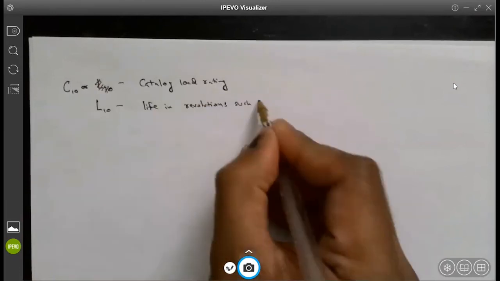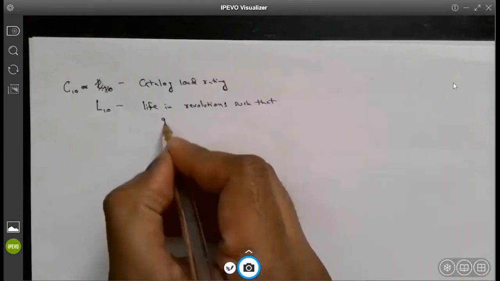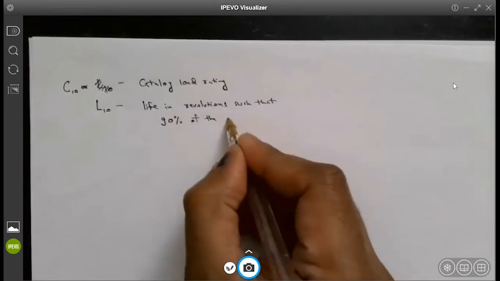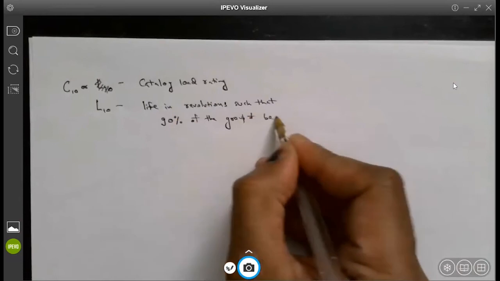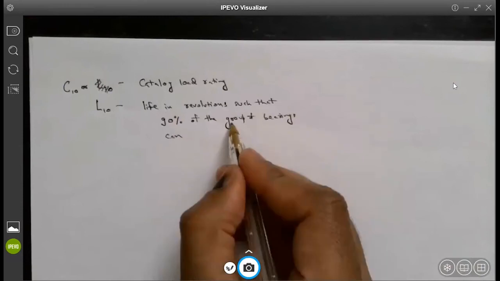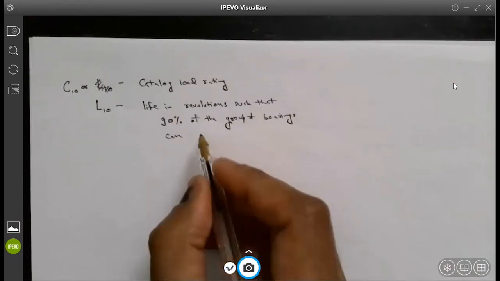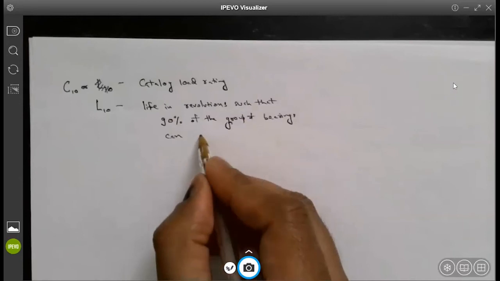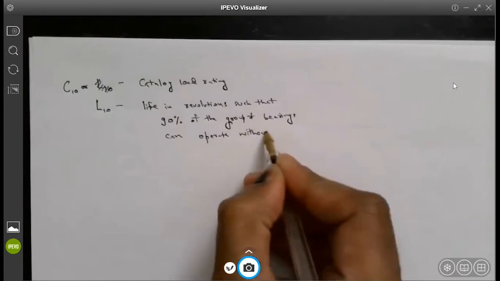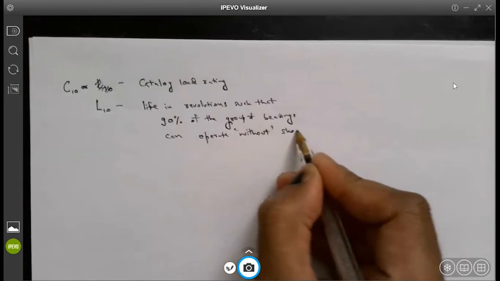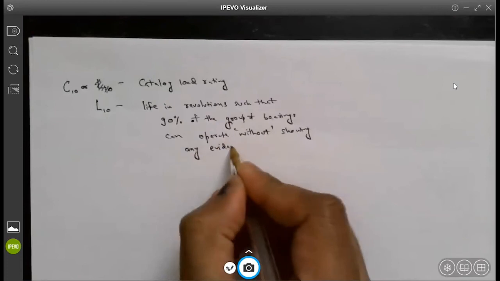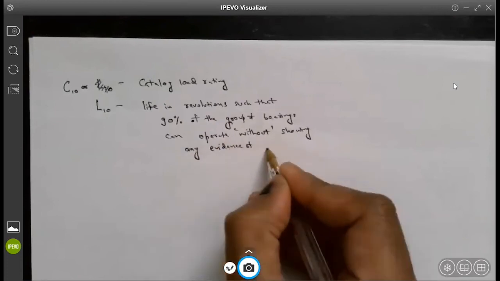Such that 90% of the group of bearings can operate without showing any evidence of fatigue failure.